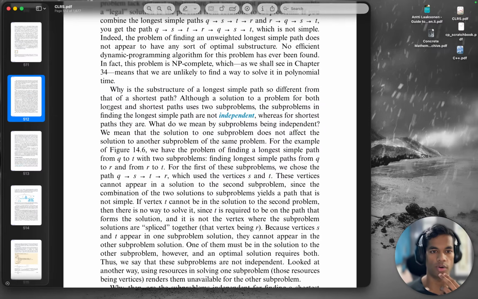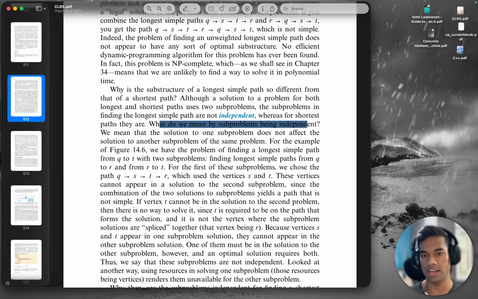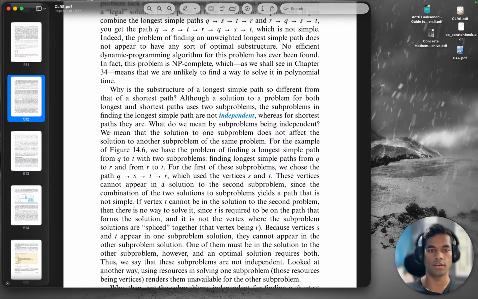Although the solution to a problem for both longest and shortest paths uses two subproblems, the subproblems in finding the longest simple path are not independent, whereas for shortest paths they are. What do we mean by subproblems being independent? We mean that the solution to one subproblem does not affect the solution to another subproblem.